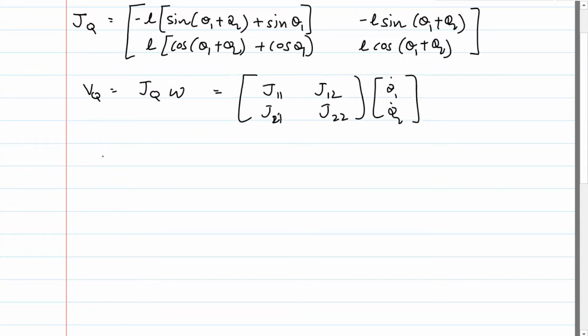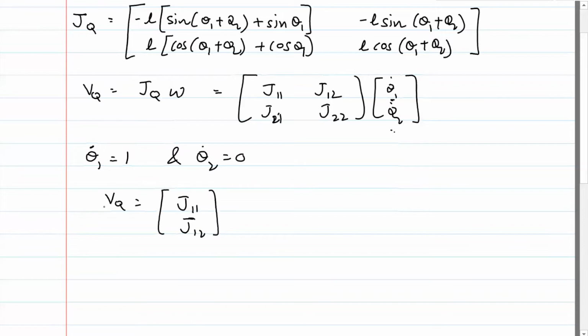Put theta 1 dot equals 1 and theta 2 dot equals 0. And so if you put that, you get J11 and J21. So it's just saying that the velocity of Q in the x direction is J11, and velocity of Q in the y direction is J21.